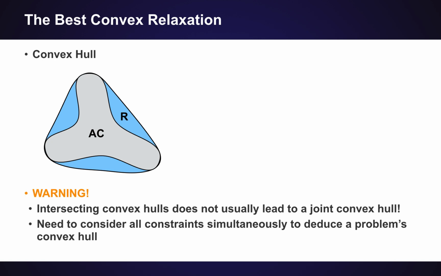So there's a very important warning here, which is that if you develop convex hulls independently and then combine them in an optimization problem, that usually does not lead to a joint convex hull. So the only way to actually show that you have a convex hull is to consider all of your constraints simultaneously and somehow deduce what is the tightest convex set of the intersection of all of them.